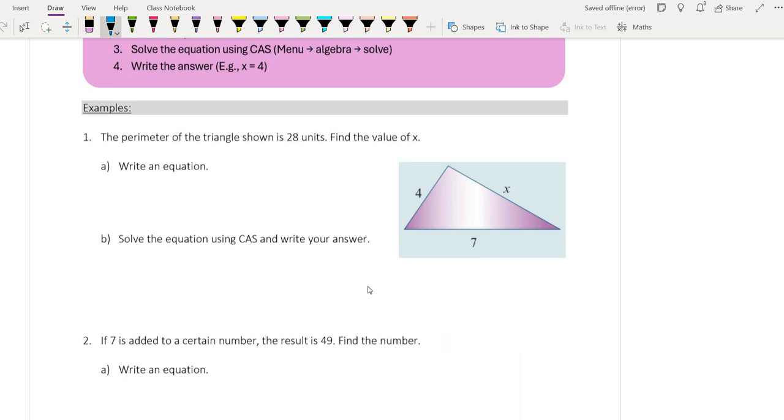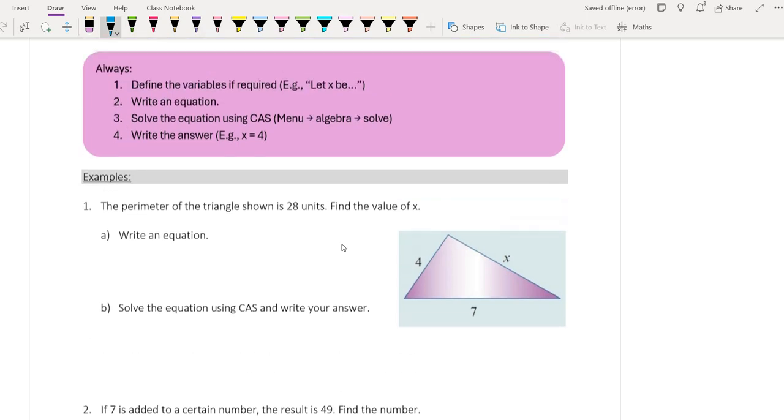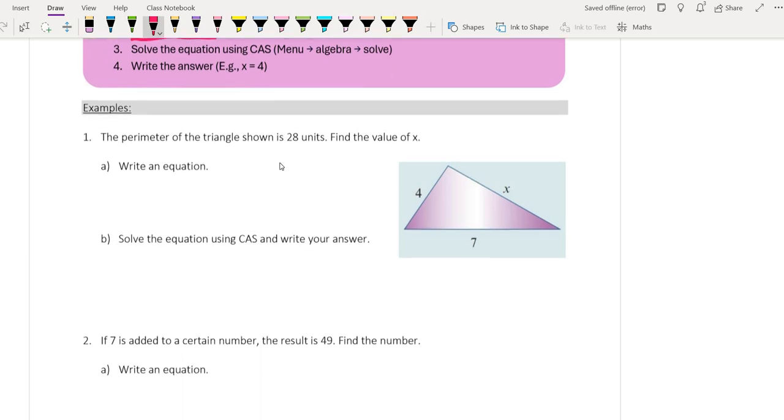So here are a few examples that we're going to attempt together, and here are the steps we're going to follow. So first, after understanding the context of the question, we'll be defining the variable that we're solving for, and then write an equation, and then solve using the CAS to get the answer.